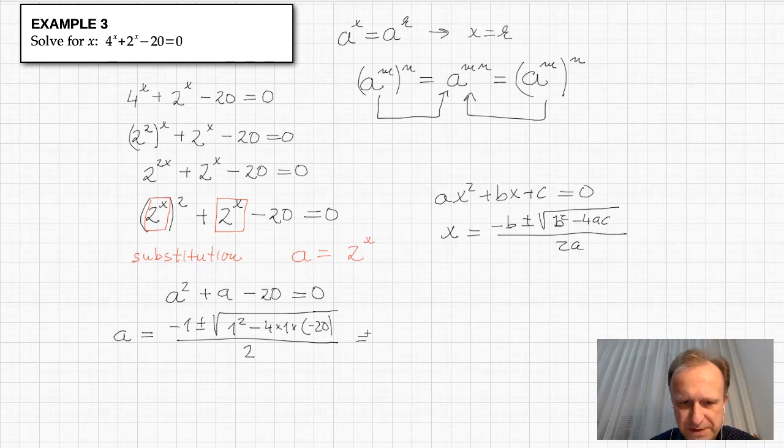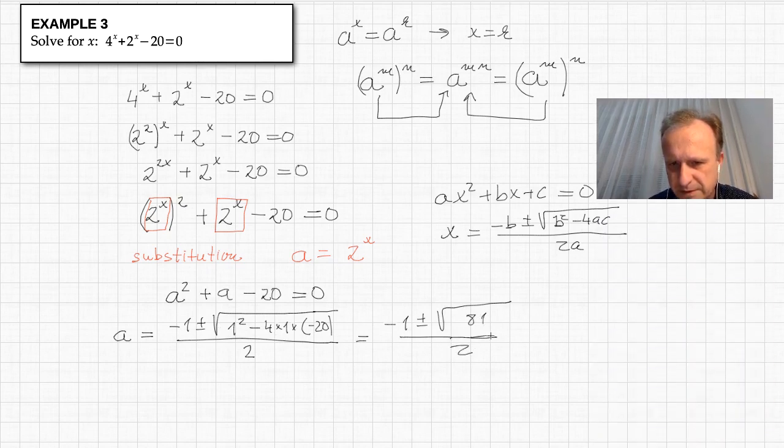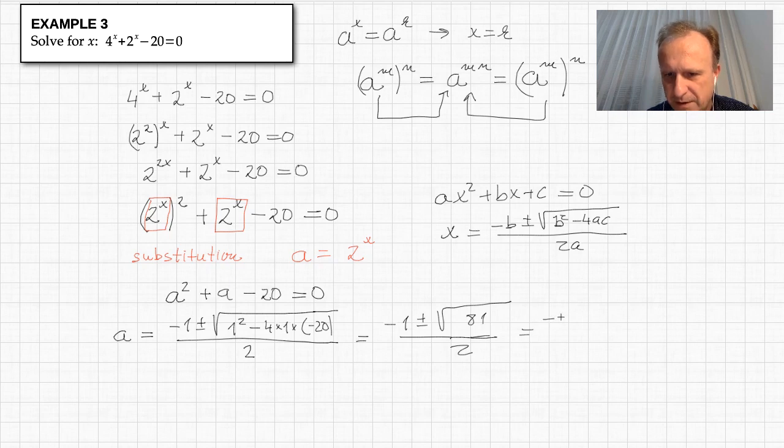So let me express it. It's minus 1 plus or minus square root of. Now you have the positive second term, so it's 80. 4 times 20 is 80, plus 1 is 81, divided by 2. So it's minus 1 plus or minus the square root of 81 is 9, divided by 2.